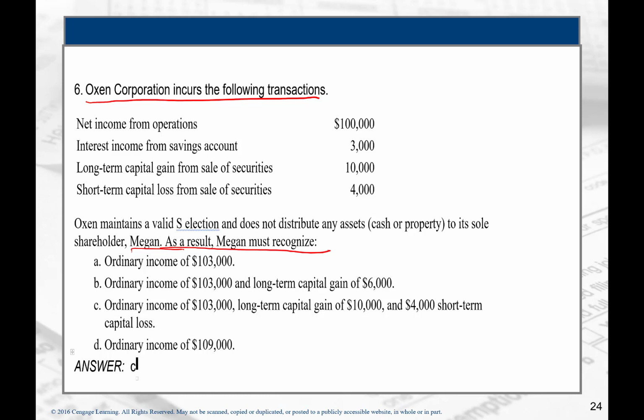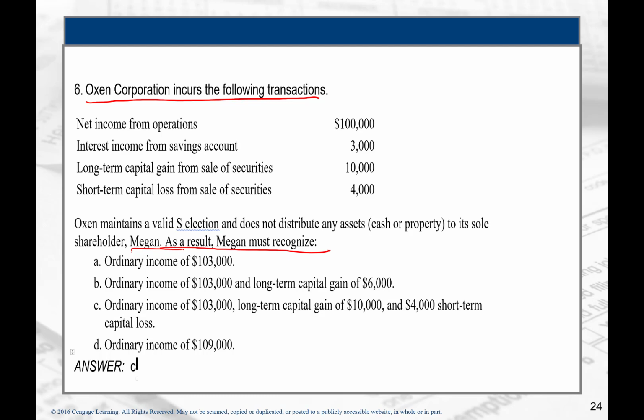So I got confused when I first looked at this, because I'm sitting there saying, why are they calling that ordinary income, including the interest? Well, I would be correct that it's not ordinary income if they were asking me about Oxen's ordinary income, which is the S Corp.